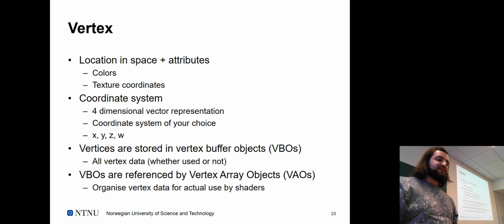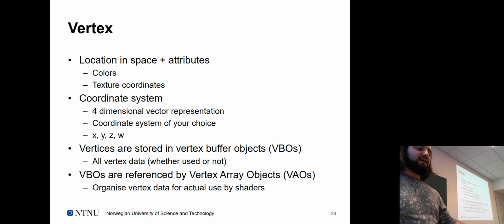And vertices are stored in vertex buffer objects, and VBOs are referenced by vertex array objects, which are the actual organization and description of whatever data is in the vertex buffer objects.